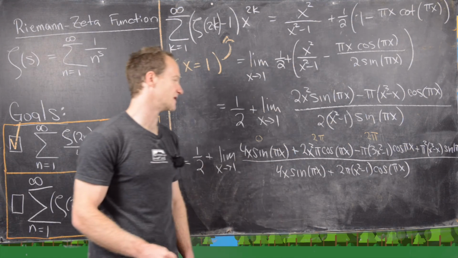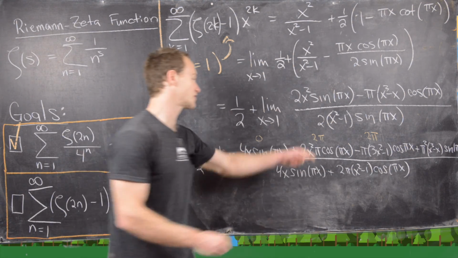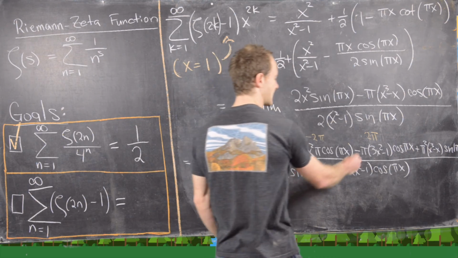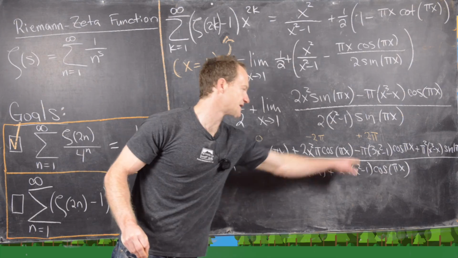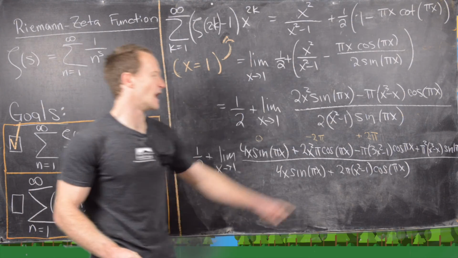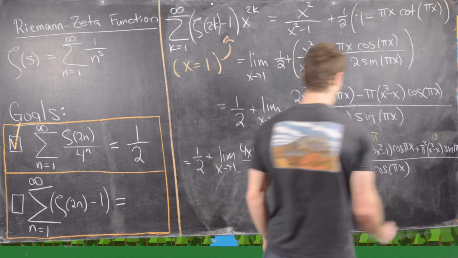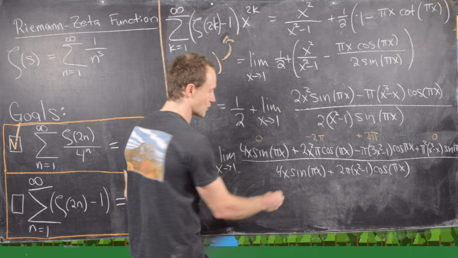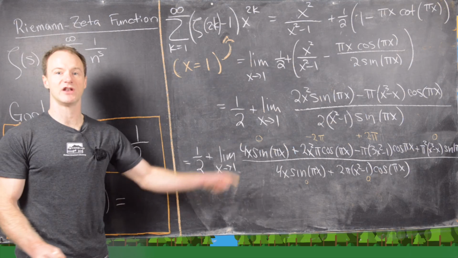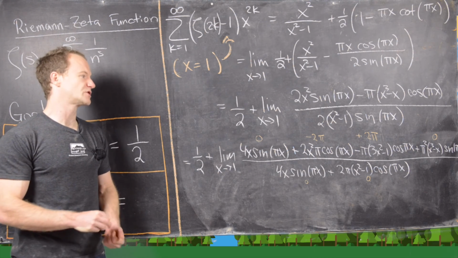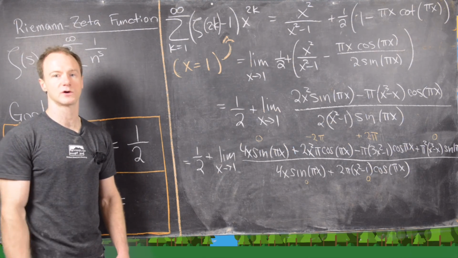And then obviously cosine of pi is, actually cosine of pi is -1, so here we get that. And here we'll get plus 2 pi because it'll cancel with this minus sign. And then over here we'll get a 0. And then in the denominator we also get 0. So we have 0 and 0. So we have another indeterminate form which we'll need to use L'Hopital's rule one more time for.